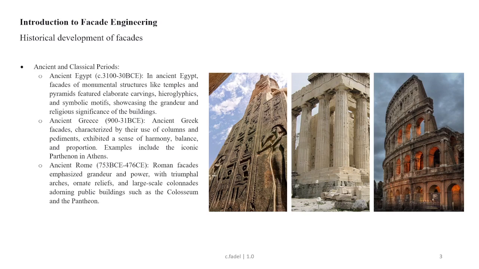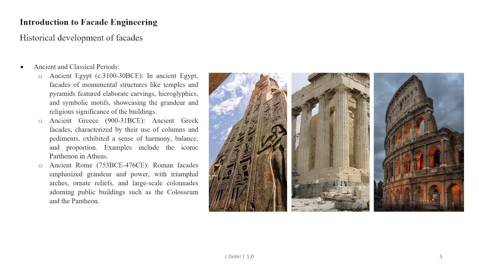The imposing and intricately decorated facade conveyed the power and divine connections of the pharaohs, reinforcing their authority and the cultural importance of the structure within Egyptian society. So basically, the design of their facade has connections with the political and cultural society of the Egyptians.